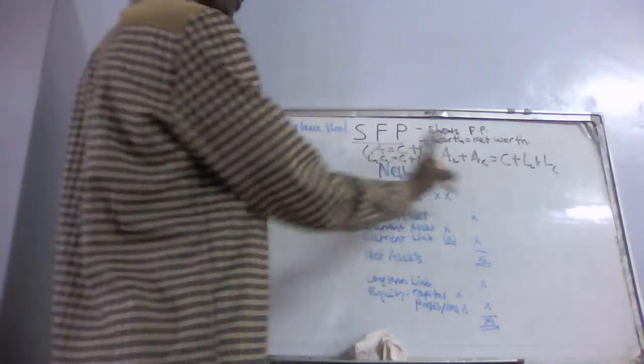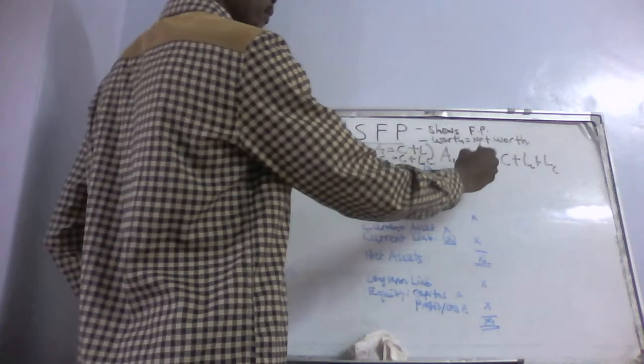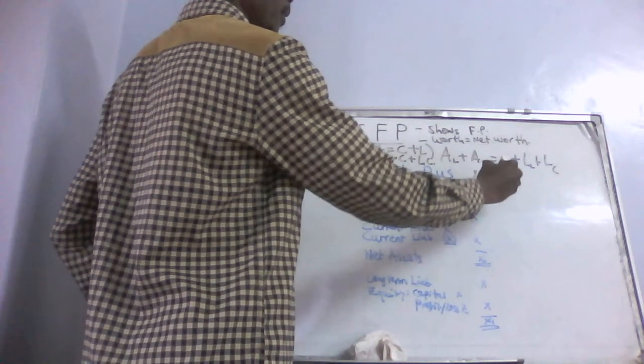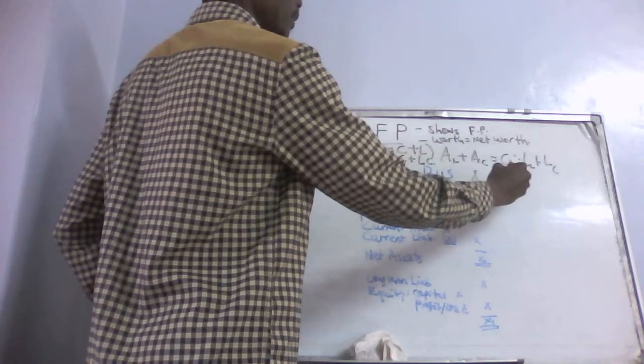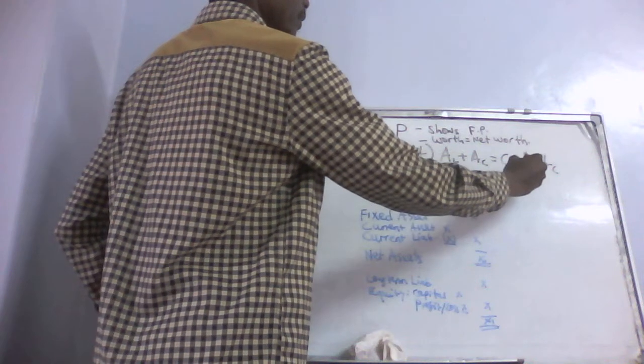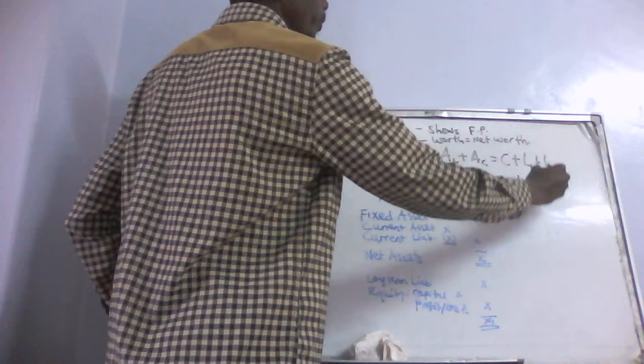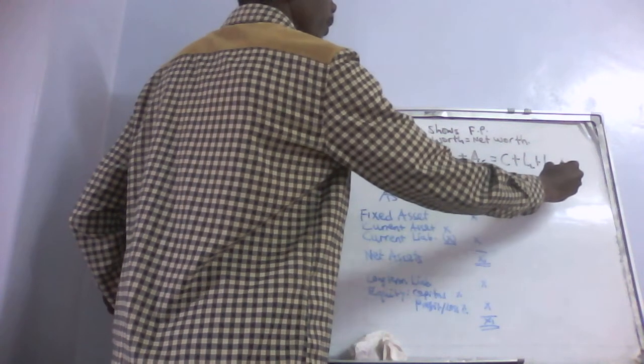You can rearrange this so that you have long-term assets plus current assets minus current liabilities equal to long-term liabilities plus capital.